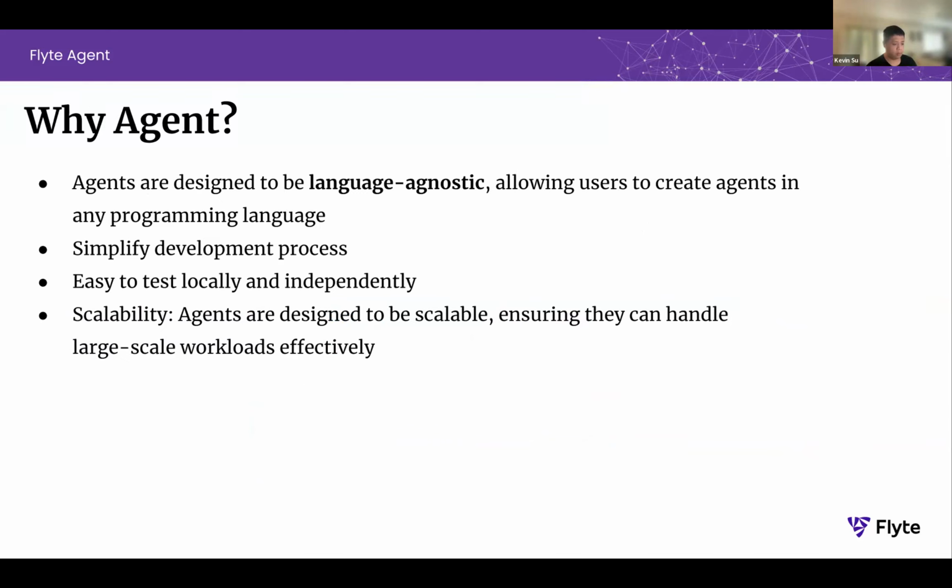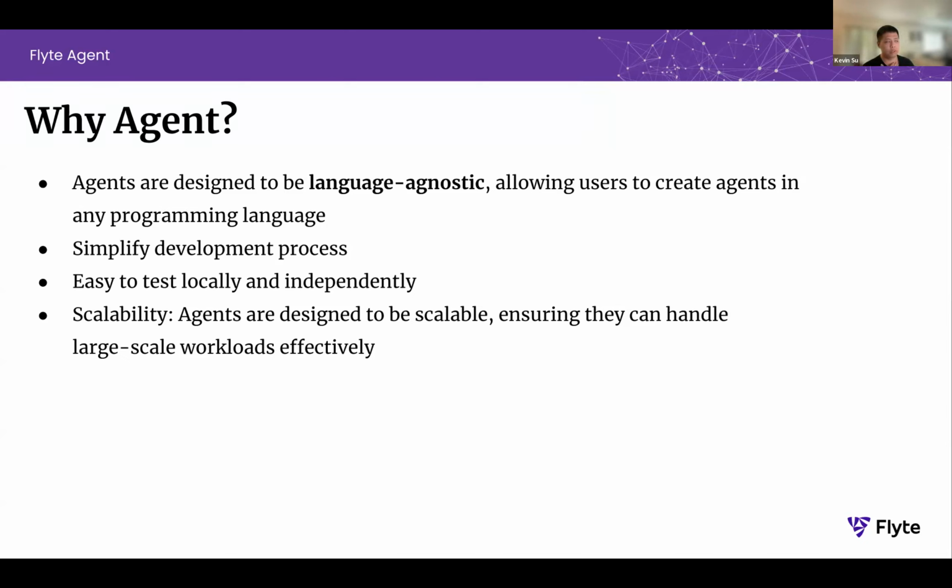So we defined the agent interface in the Flyte IDL, so you can generate the server code in different languages. For now, we added some agents in Flytekit, which enables you to easily test your agent in local execution. Another thing is that the agent is a completely different server from the propeller, so you can test this agent independently.